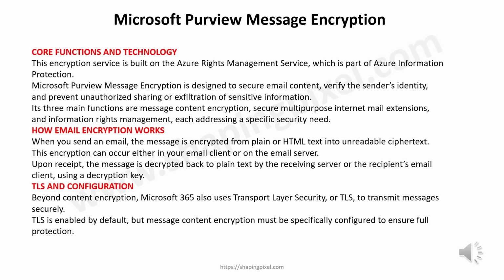Beyond content encryption, Microsoft 365 also uses Transport Layer Security, or TLS, to transmit messages securely. TLS is enabled by default, but message content encryption must be specifically configured to ensure full protection.